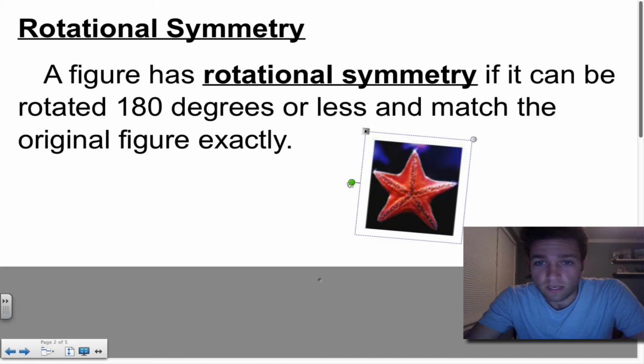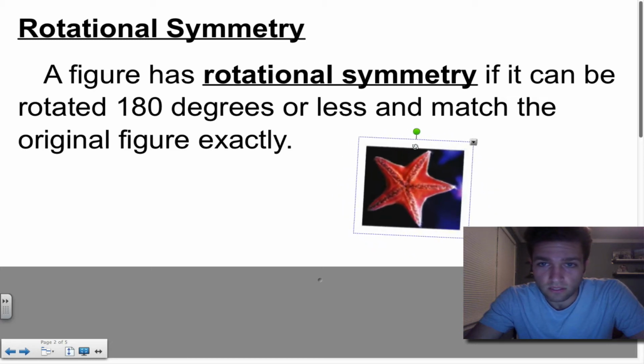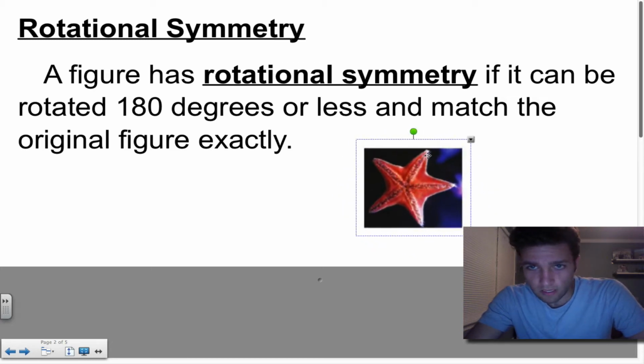And essentially what happened? Let's look. This arm or leg or whatever it's called of the sea star is moving here. This one is moving here. This one is moving here, and so on and so forth. So really, I'm rotating this sea star 1/5 of the way around because there's 5 arms of it.